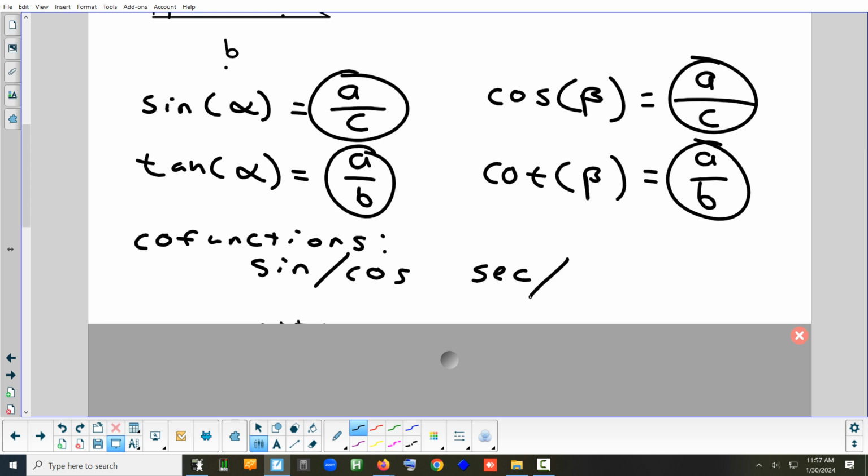And what do you think the cofunction is with secant? Co-secant. And there's one more pair, tangent. And what do you think the cofunction is that goes with tangent? Cotangent. So those are the 3 cofunctions.